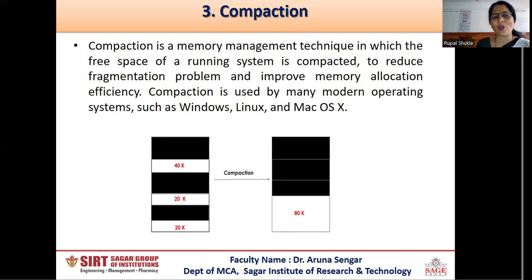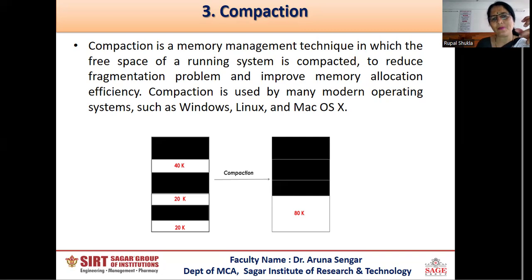One portion is used and 40K space is not used, and some portion is used and 20K space is not used. Now, for example, if a process of size 20 KB comes, it can be allocated space. But if a process of size 60 KB comes, it cannot be allotted contiguous space, because we have 60K space, but not in contiguous form.